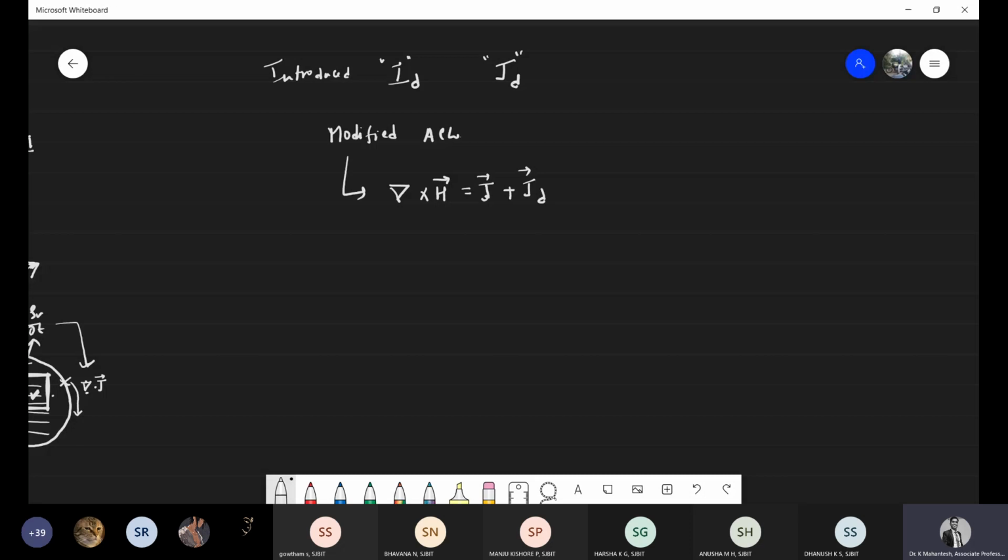Now again we shall try to find what this JD is. I want to calculate JD is equal to what? So again I will take divergence on both sides. So I get del dot del cross H is equal to del dot J plus del dot JD.